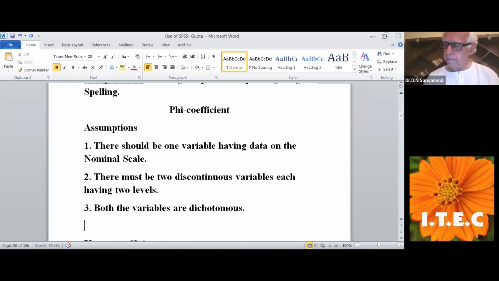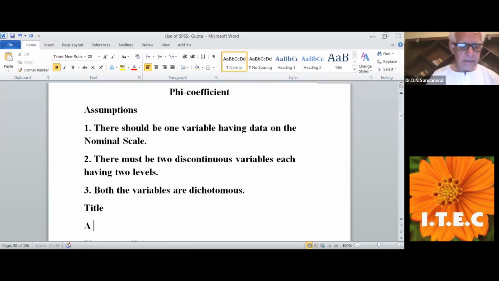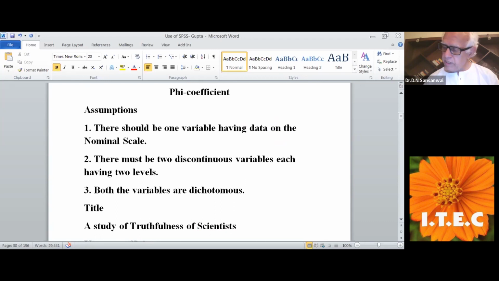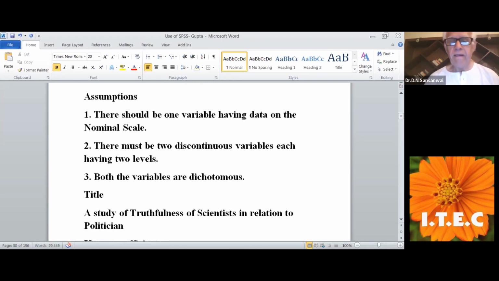And let us have one. I'm saying the title is a study of truthfulness of scientists in relation to politicians of India.